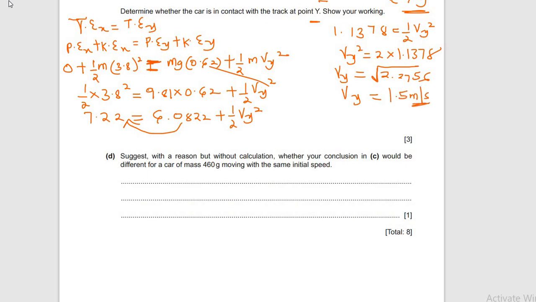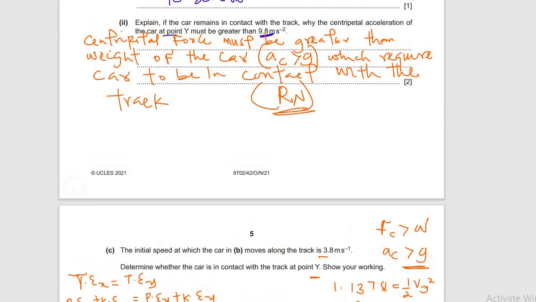So the speed at y is 1.5 meters per second, but what the question asks us is to determine whether the car is in contact with the track at point y.